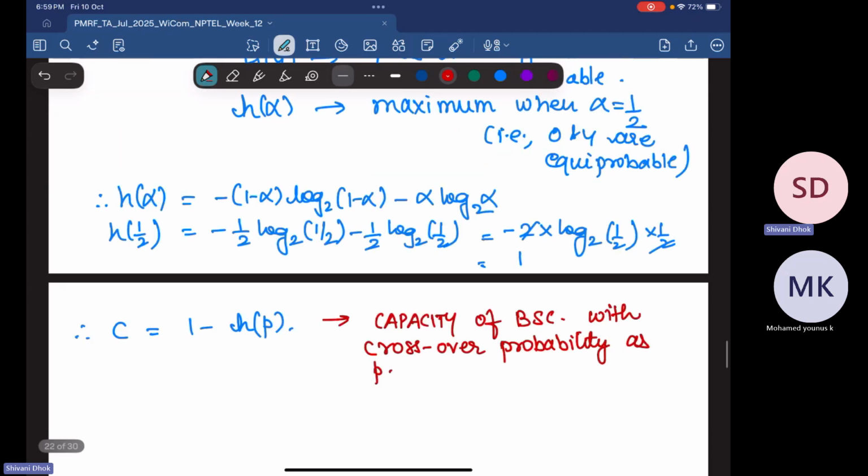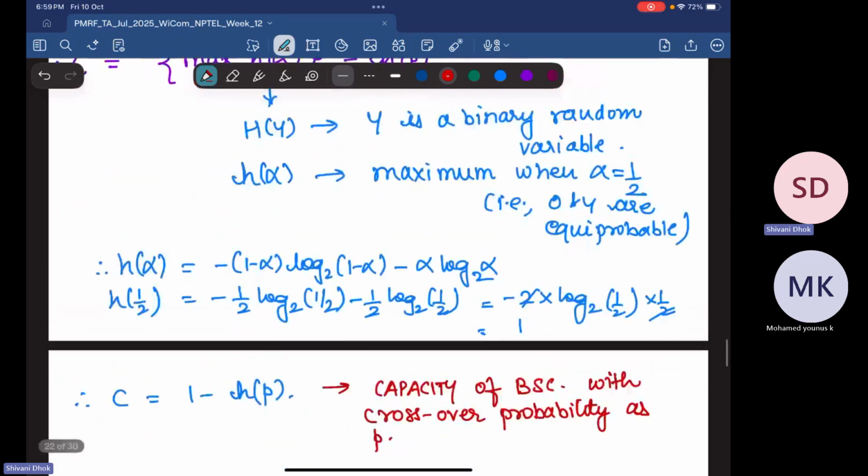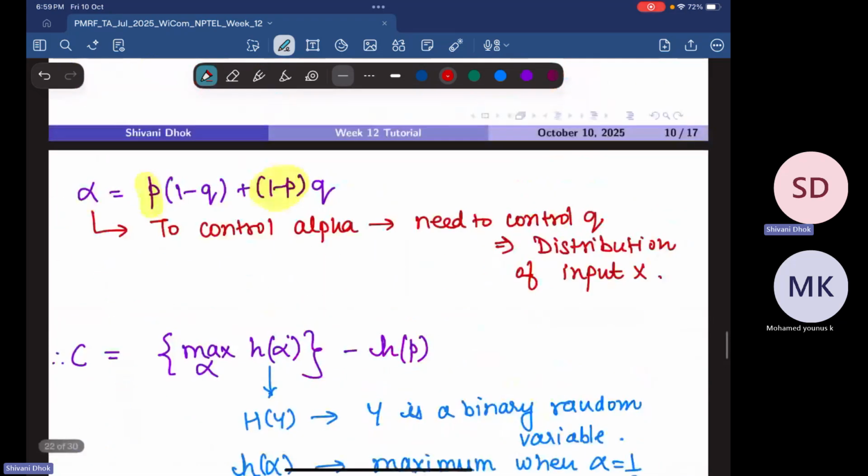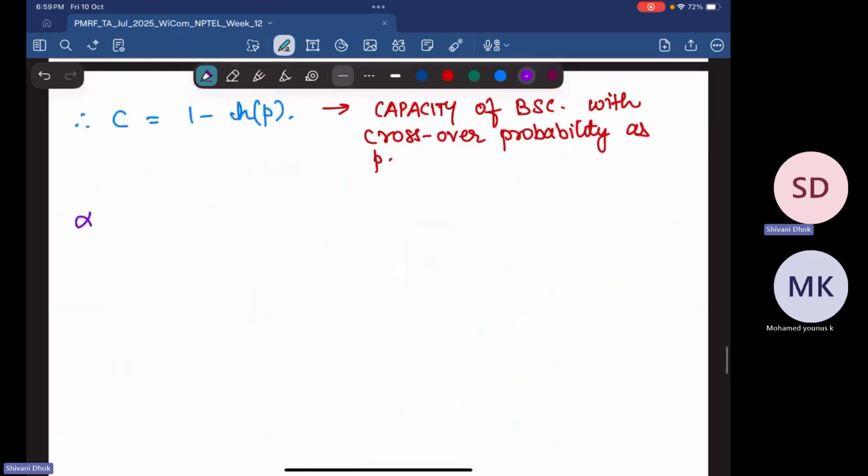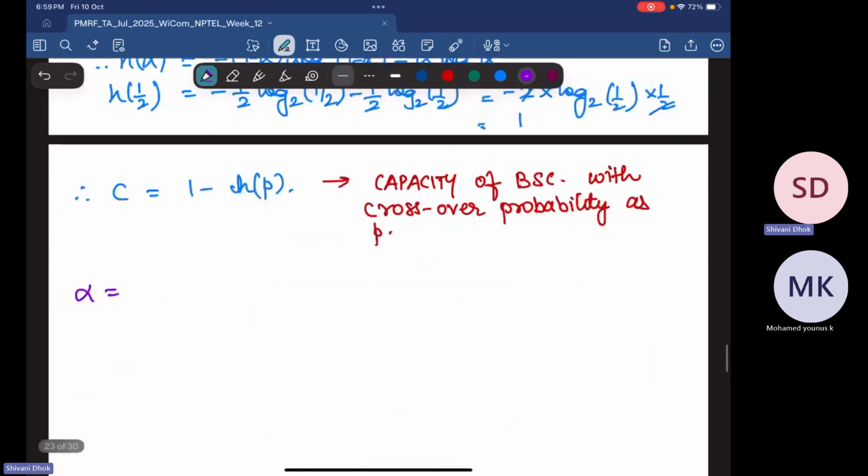Another thing is, you want to control your alpha, and that can be done by controlling your q. So let me do that also. This alpha star is equal to half, which maximizes your entropy of y.